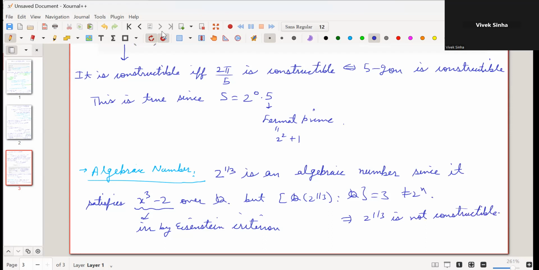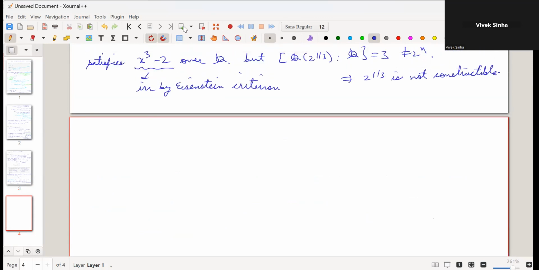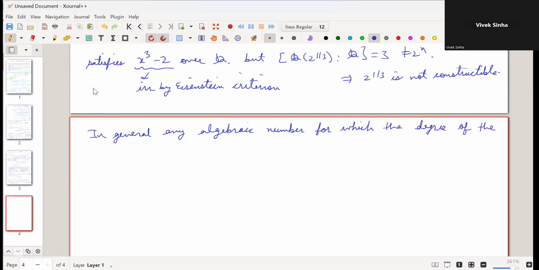In general, we can take any algebraic number for which the degree of the minimal polynomial is not a power of 2.